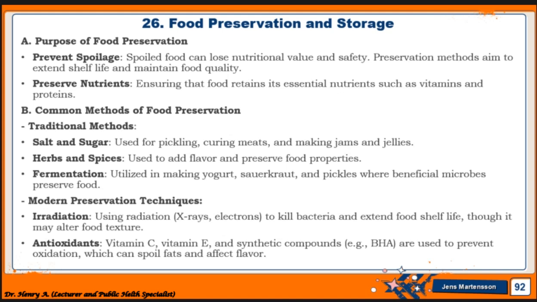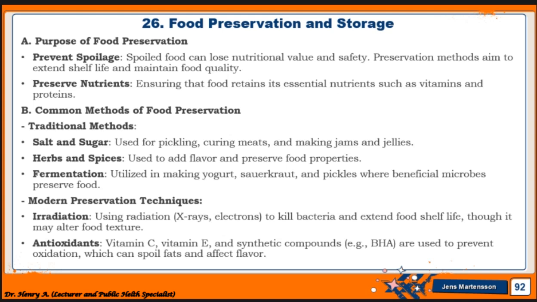So when food is prevented from spoiling by way of preservation, it ensures that the quality is maintained and that the food stays longer than it would have if it was not properly kept. Number two is to preserve nutrients. So the purpose of food preservation is, one, to prevent spoilage, and two, to preserve nutrients.